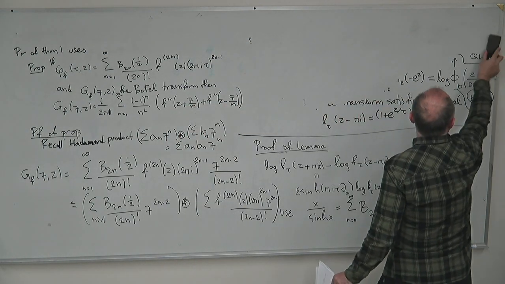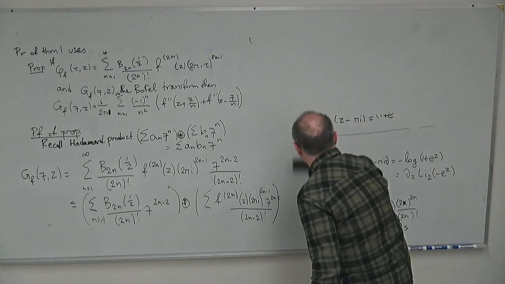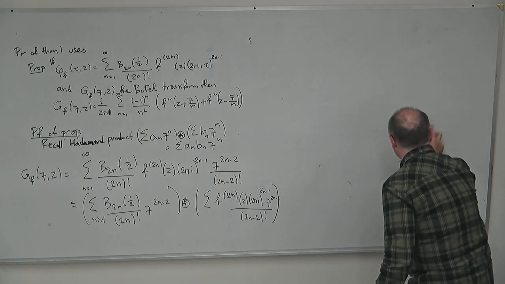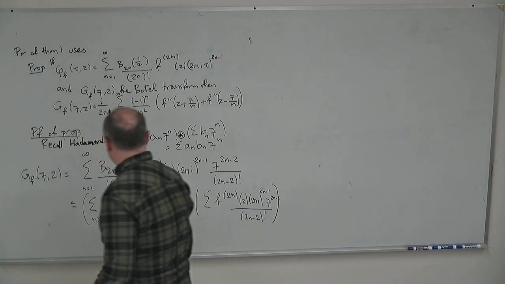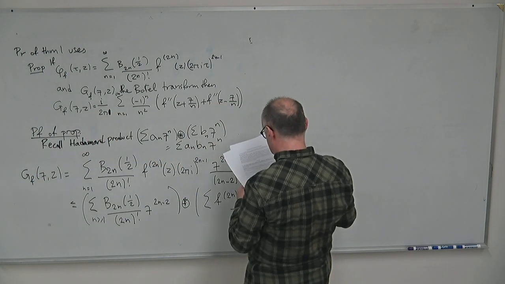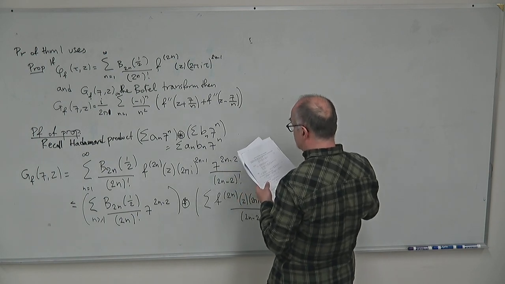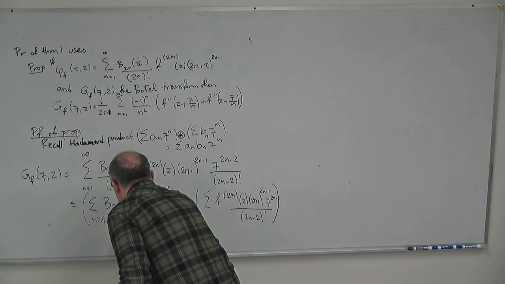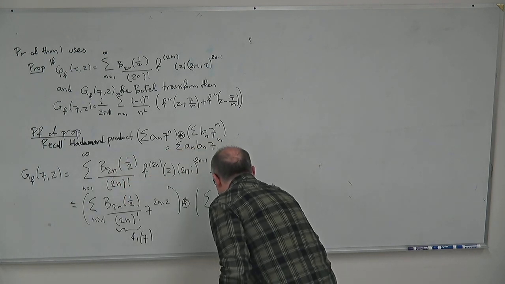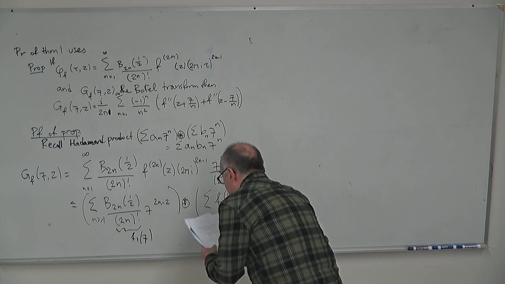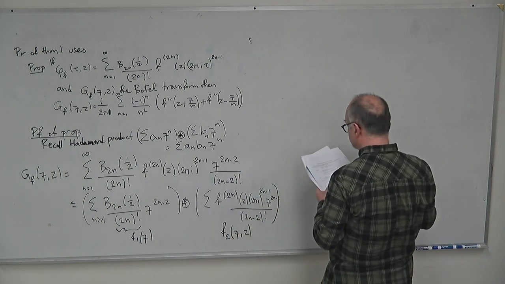It's actually elementary. So now I can sum both. I will skip the intermediate steps here, so let's call this thing f1 of c, and let's call this thing f2 of c, but it depends on z as well.